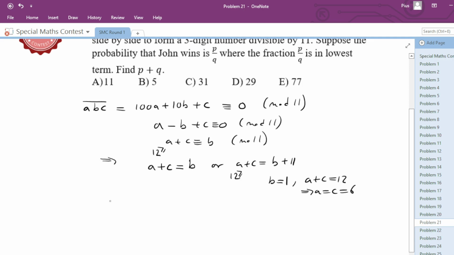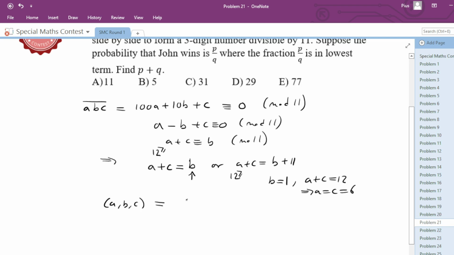So I'm going to write out the triples A, B, C we could have. In this first category, we cannot have B equal to 1. The least we can have is 1 plus 1, which is 2.